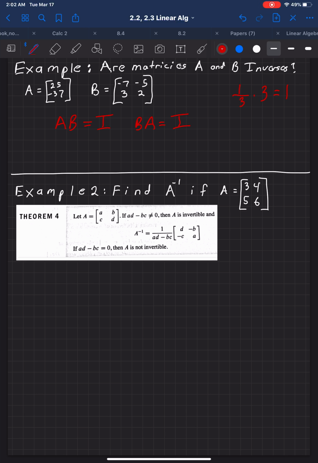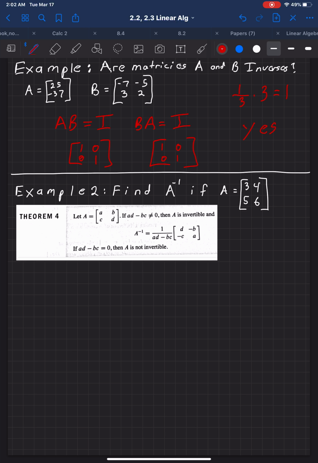That's all that's required at this point, for you to do A times B, then B times A, and what you should get in both cases is the following. So yes, they are inverses.